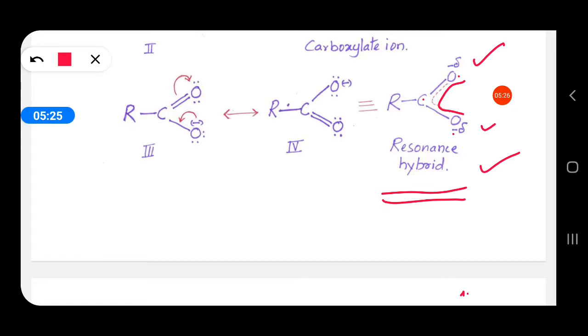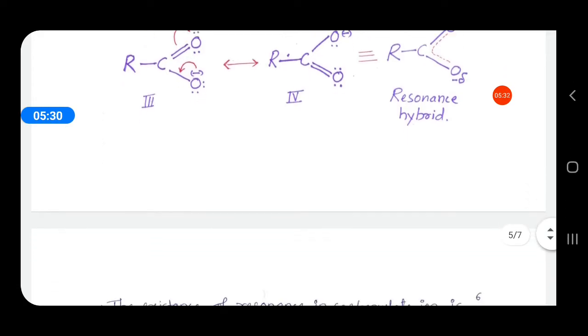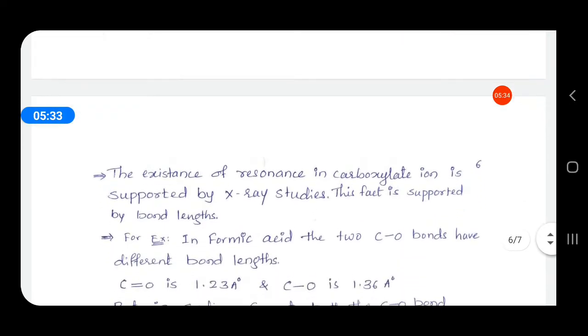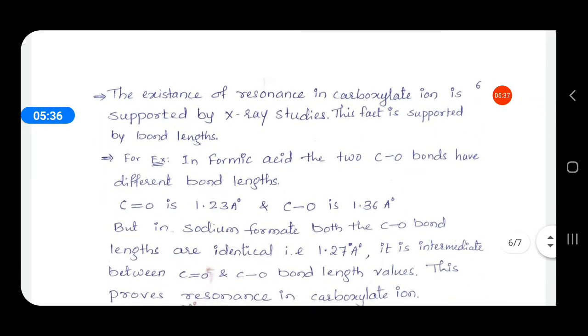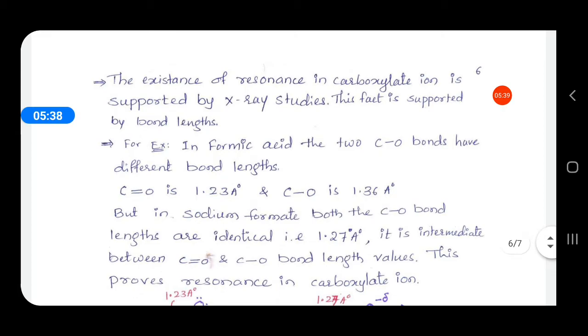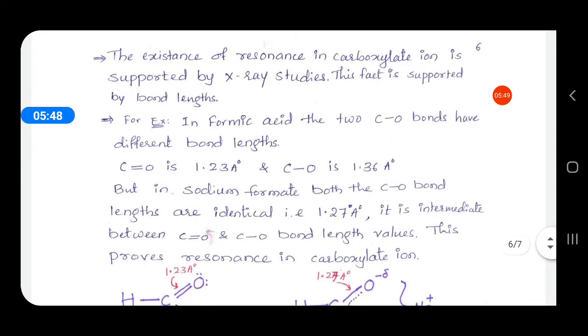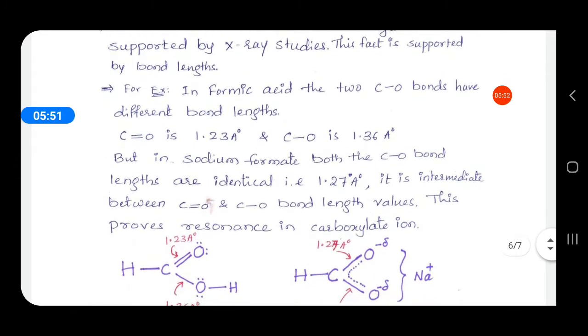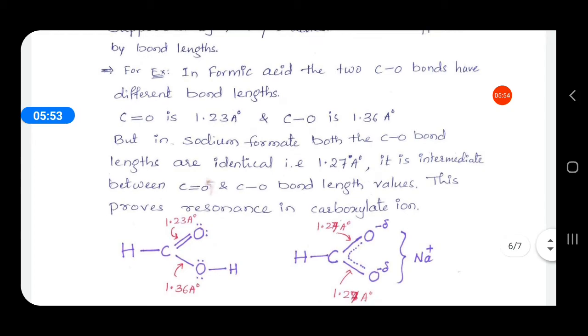The formation of the resonance hybrid is again confirmed by X-ray studies. The existence of resonance in the carboxylate ion is supported by X-ray studies. This fact is supported by bond lengths. In the carboxylic group, one carbon oxygen bond is a double bond and another carbon oxygen bond is a single bond.